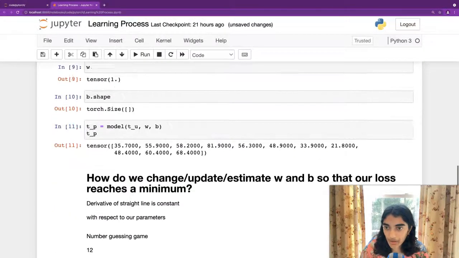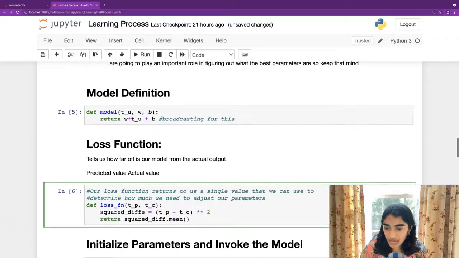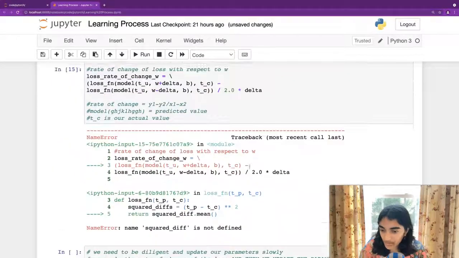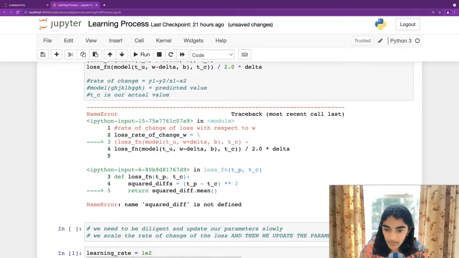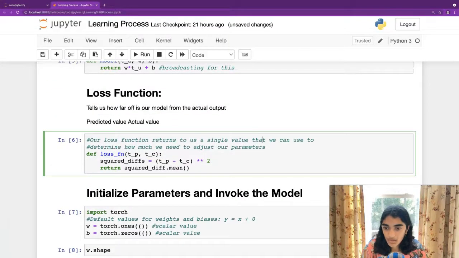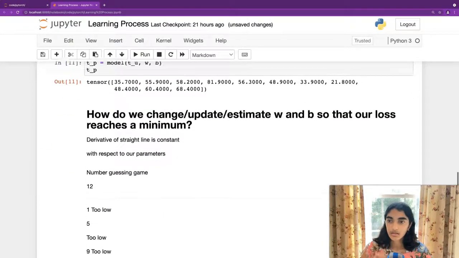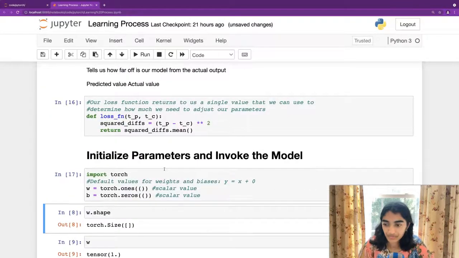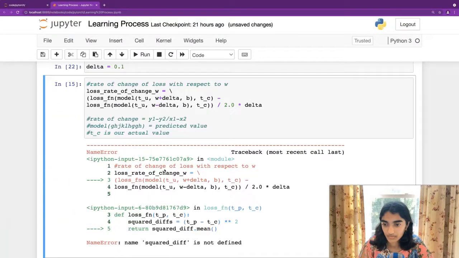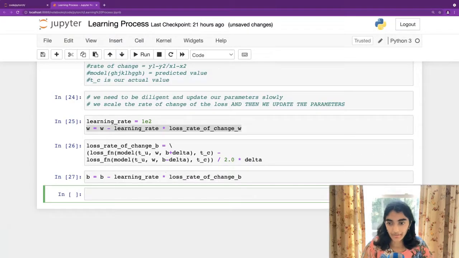Didn't we define our loss function up here? Squared diffs. Wait, what? Oh, in our loss function, instead of diffs, I said diff. So we run it. Now, okay, now it's good.